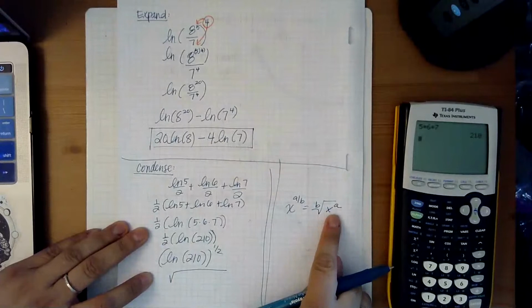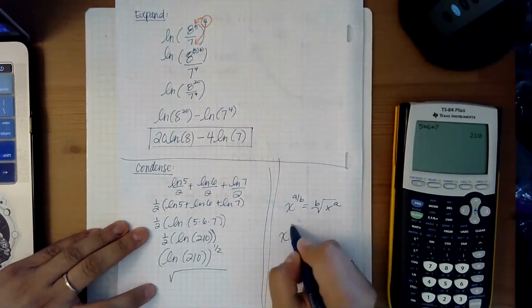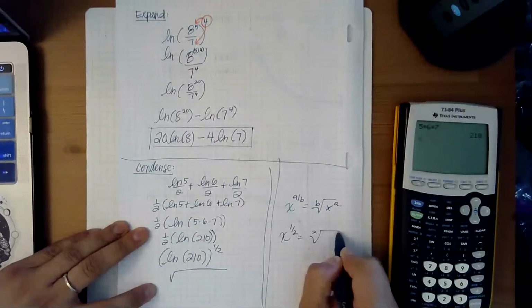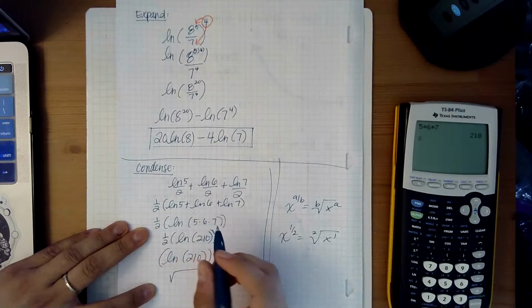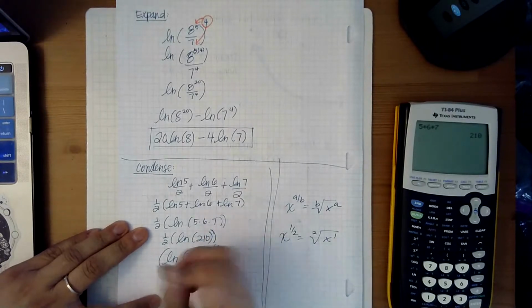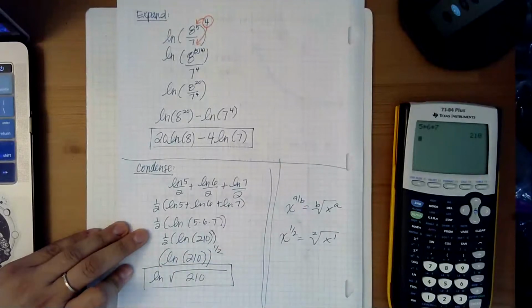So this means I now have the rational power rule used here. If I have x to the 1/2, that means I have a square root of x to the 1. So that's the rule I'm using here. This is going to give me a square root of ln of 210. So this is my condensing part right there.